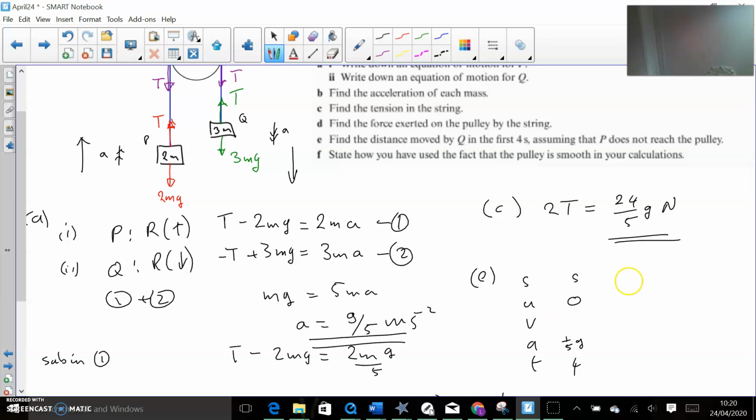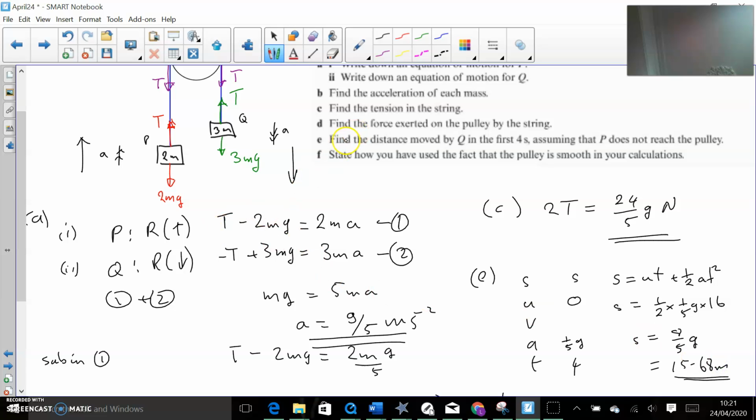So the equation that doesn't contain v is S equals ut plus a half at squared, and then S equals 0t plus a half times a fifth g times 4 squared, which is 16. So that is going to be 8/5 g, which, if we make g 9.8, comes to 15.68 meters.